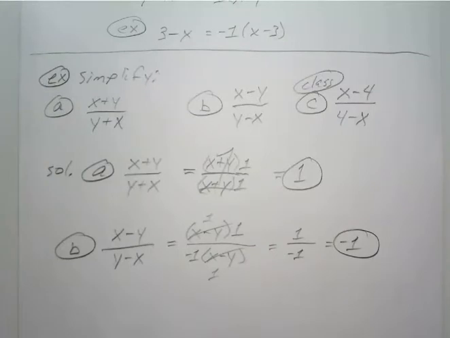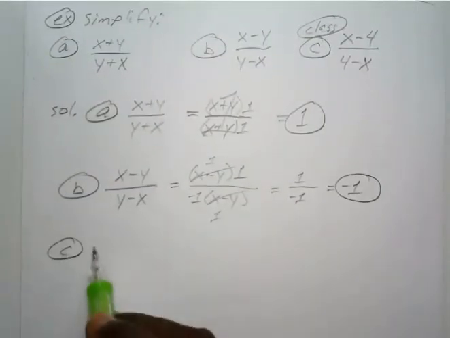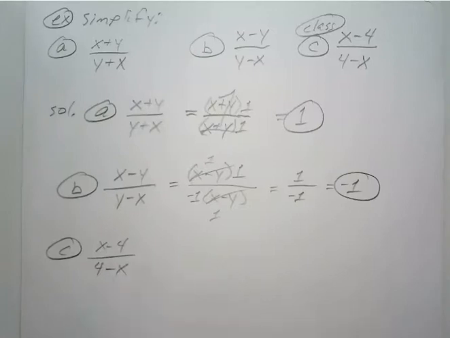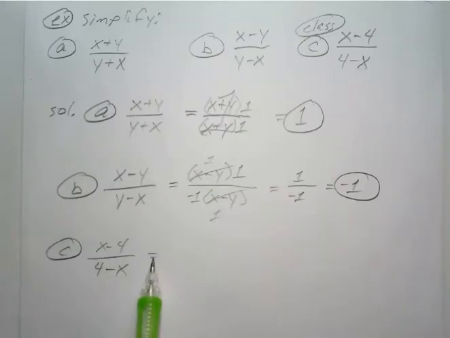So I want you to go ahead and do problem C, which is (x minus 4) over (4 minus x). Assuming you've pressed pause and worked this one out, we're going to do it a little bit differently.